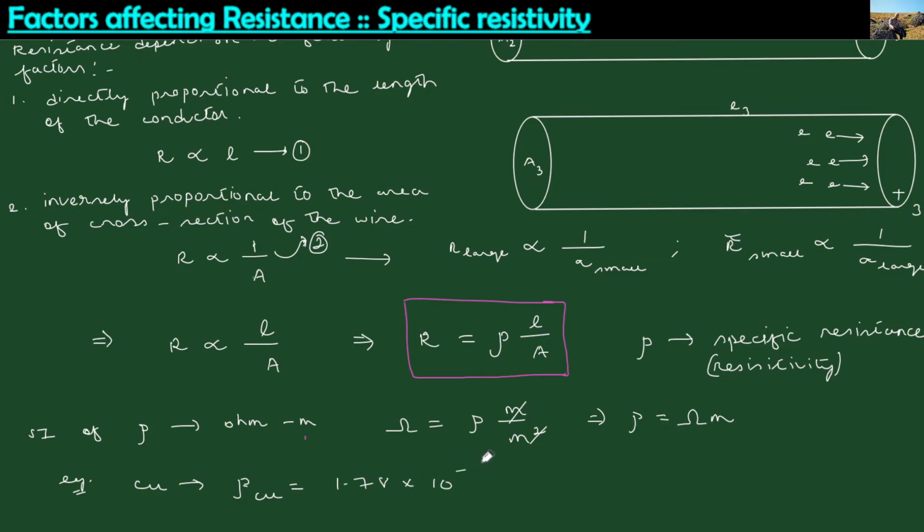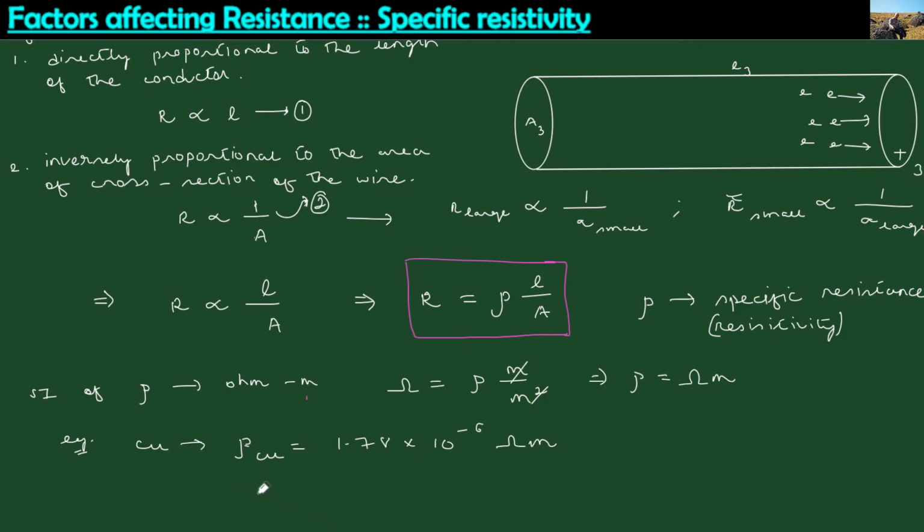This is for copper, 10 to the power minus 6 ohm meter, and the resistivity of, e.g., silver, then this resistivity of silver will take the value of 1 into 10 to the power minus 6 ohm meter.